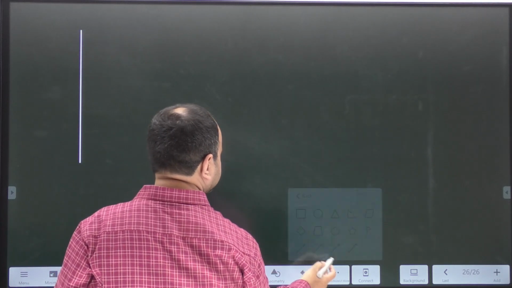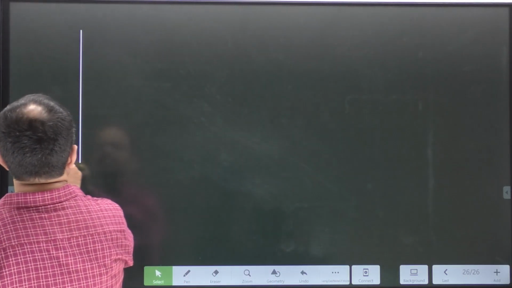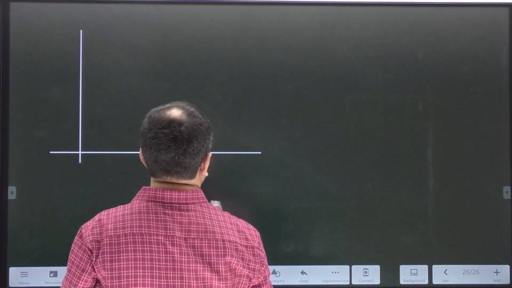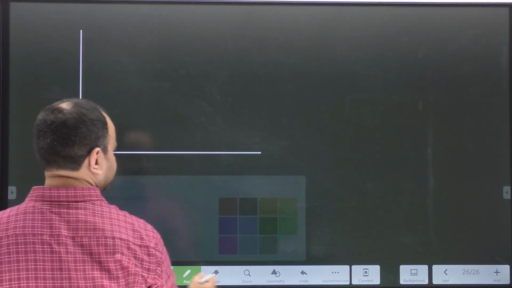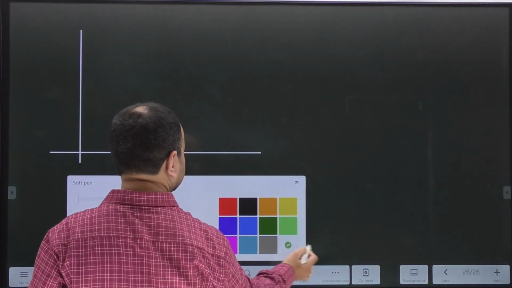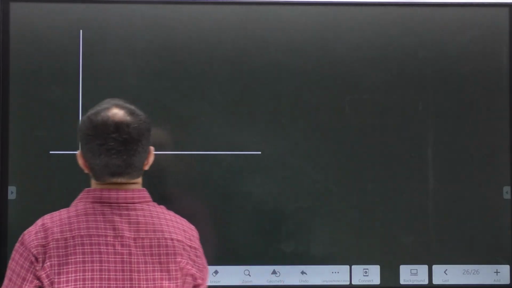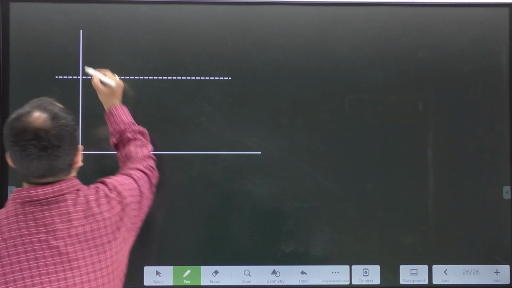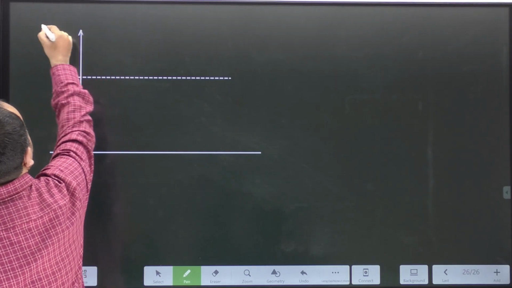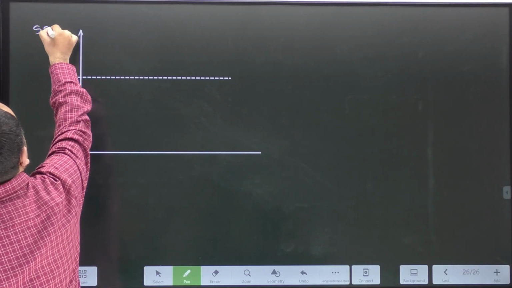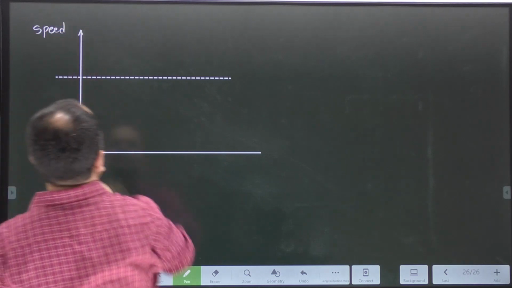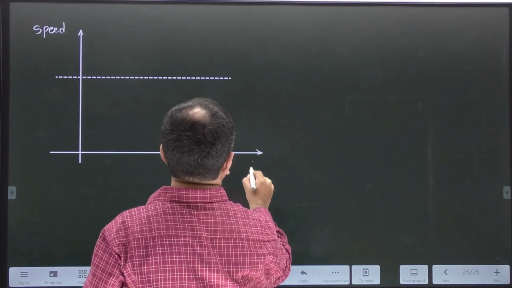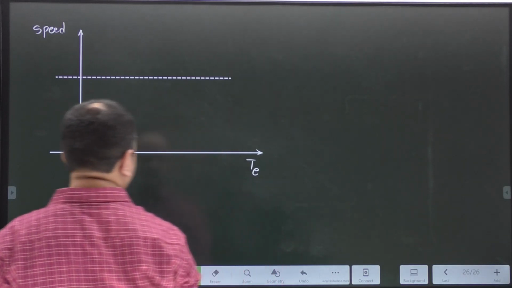In this case, we will get a characteristic something like this. So, y-axis speed, x-axis torque. Okay.